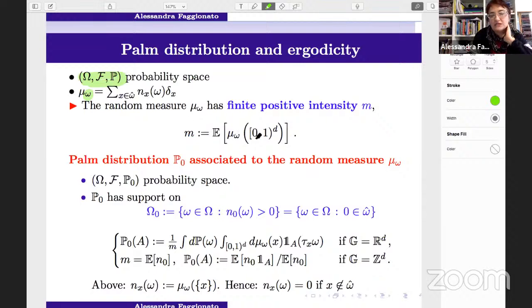Okay, I add this assumption, which is very natural, that mu omega has a finite positive intensity m. It means that if I take, for example, a box [0,1)^d, then the mass given by the reversible measure has a finite expectation with respect to the law P. Okay.